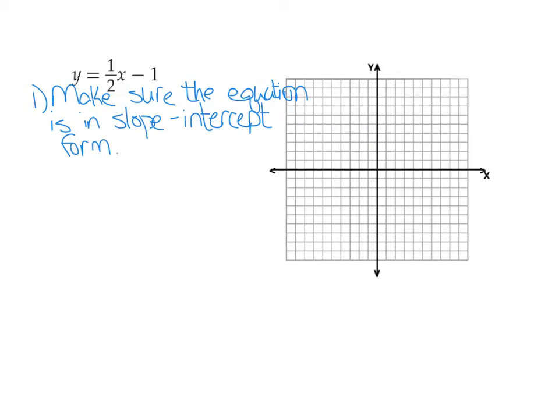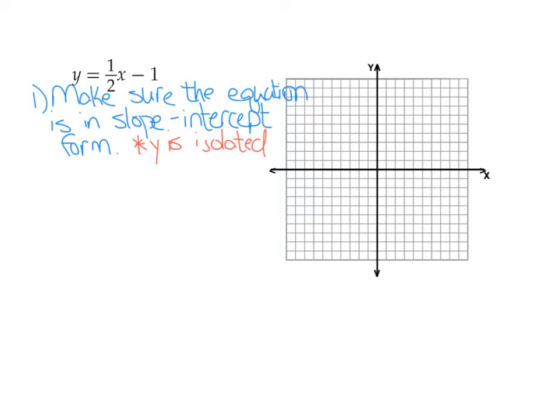Now, how will we know if something is in slope-intercept form? The way we will know that is that y is isolated, which means by itself. Okay? So we look up here, we look at our equation, y is over here by itself. We've got y equals mx plus b, so we're in good shape.